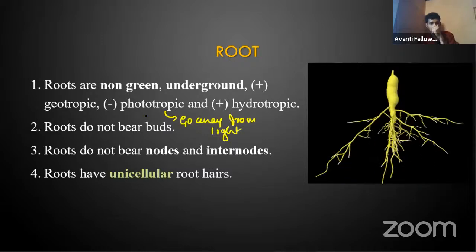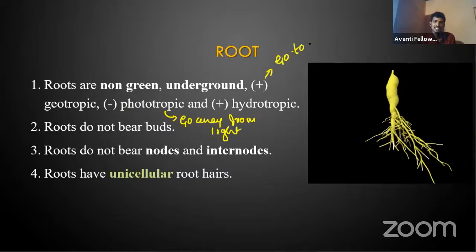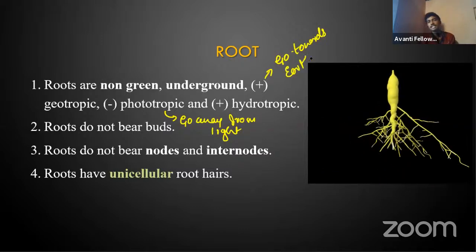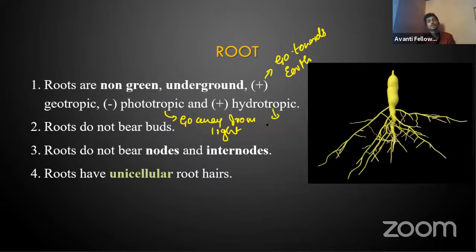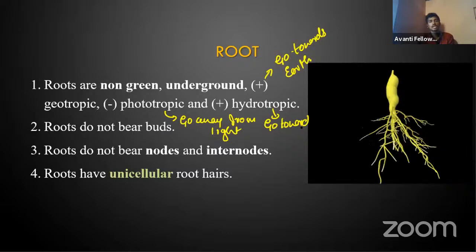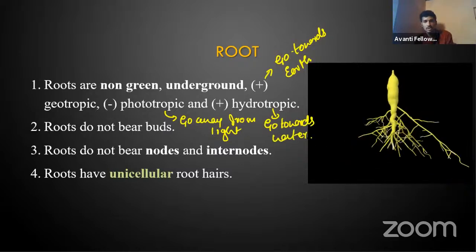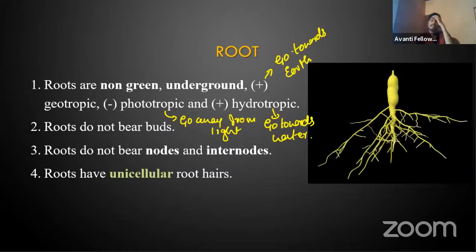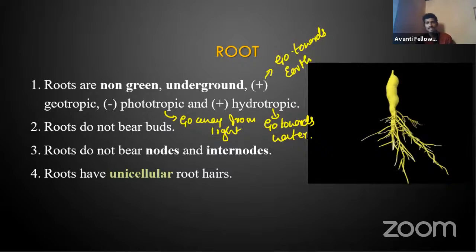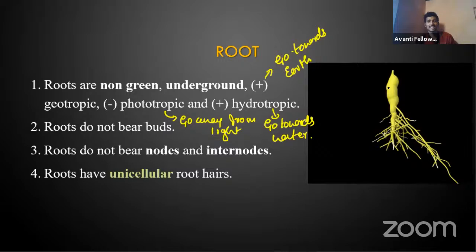And positively geotropic means go towards the earth. What is the meaning of positively hydrotropic? That means go towards water. Remember, roots are non-green, which means they do not contain green color, and they are present underground. The root you can see is a yellowish, soil color.